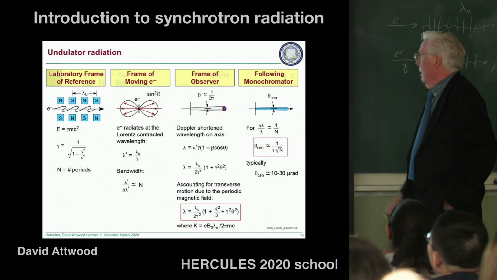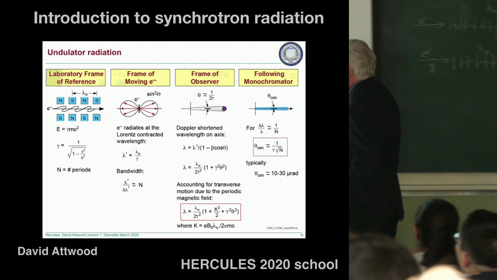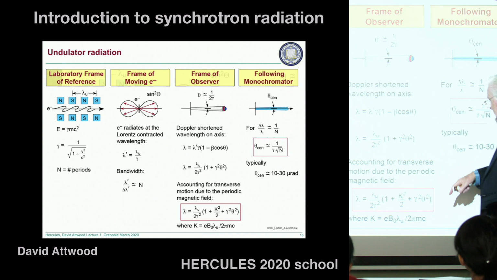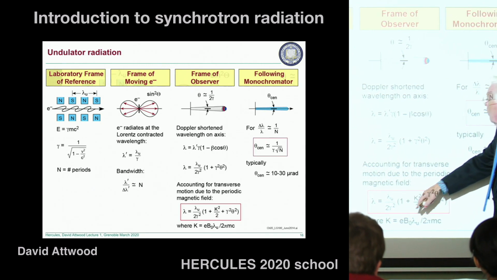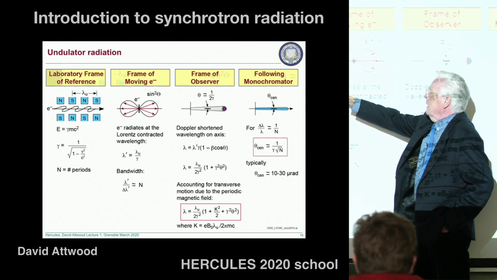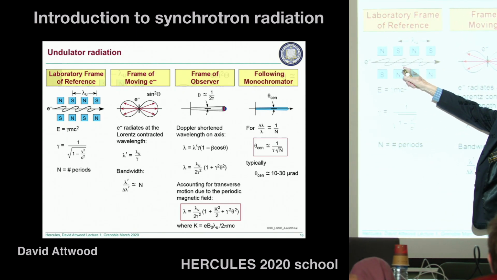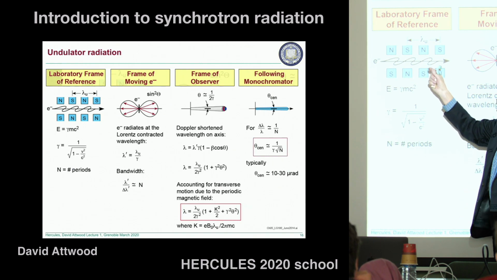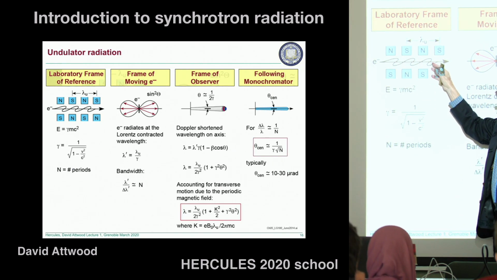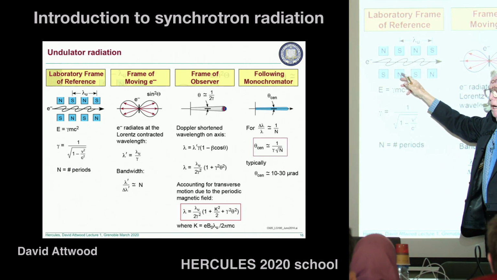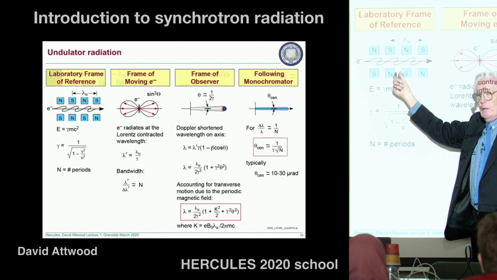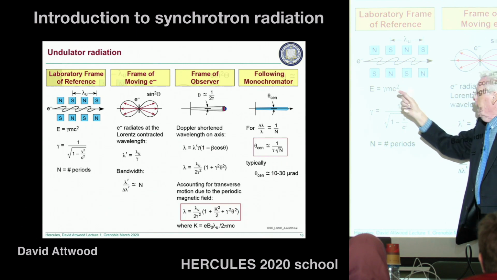And this was another key slide, and that is that how do we get to these very short wavelengths? Okay, we say that actually for the electron coming through here, it sees a Lorentz contraction. This is like the meter stick, and the electron is coming by at this high value of gamma, and it sees a contracted period.